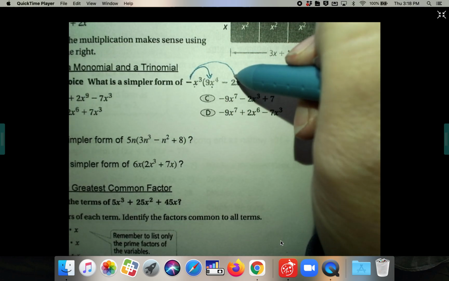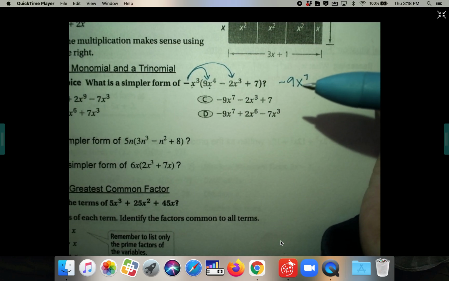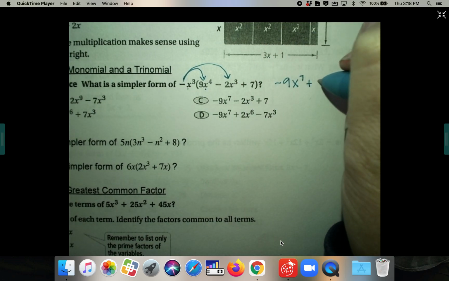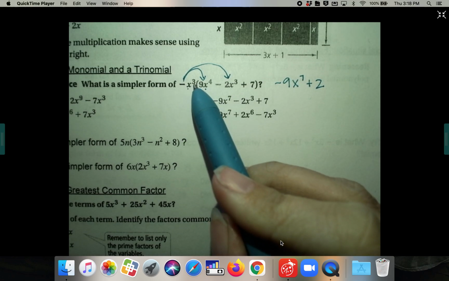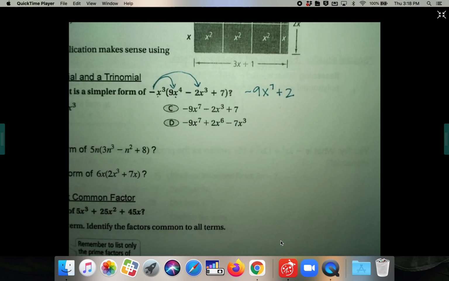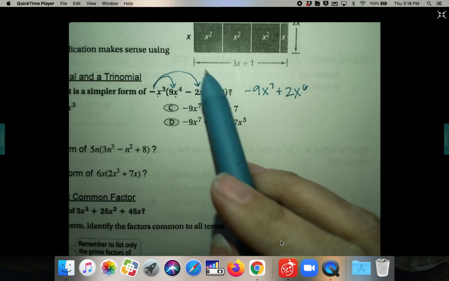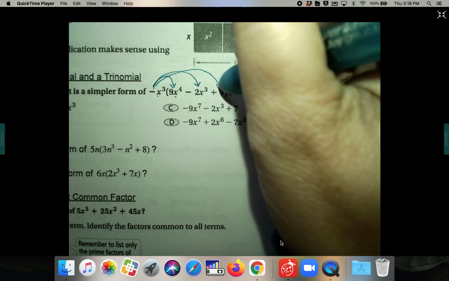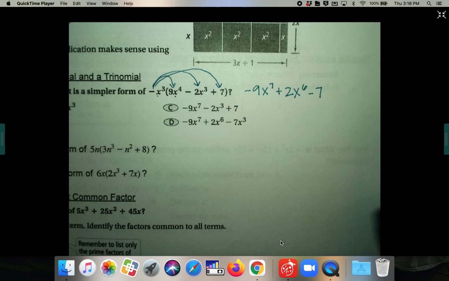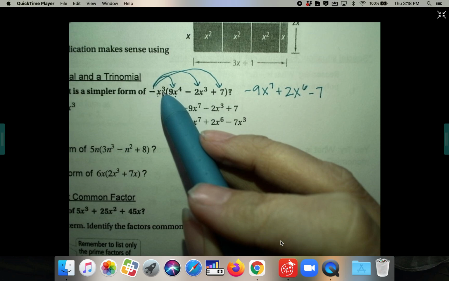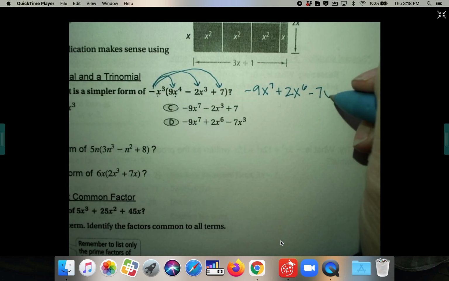Then you have negative x times negative 2x to the third. Negative 1 times negative 2 would be positive 2. And when you add x to the third and x to the third, you get x to the 6th. And then last, negative 1 times positive 7 is negative 7. And x to the third and nothing is just going to be the x to the third that you carry over with it.